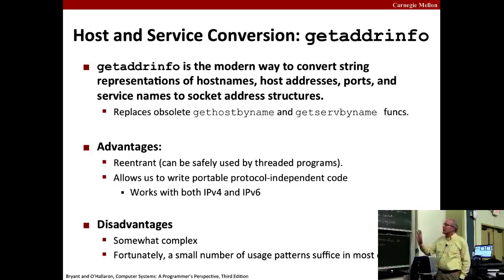And so this new format, it's actually harder to use on many levels because it can't hide away as many details as it used to, but it has the advantage it works better in a multi-threaded environment. The other thing that makes it hard is it's trying to be sort of the kitchen sink of protocol managers, and that makes it a little bit nasty and messy. And so we're only going to focus on the parts that we really need for this course.